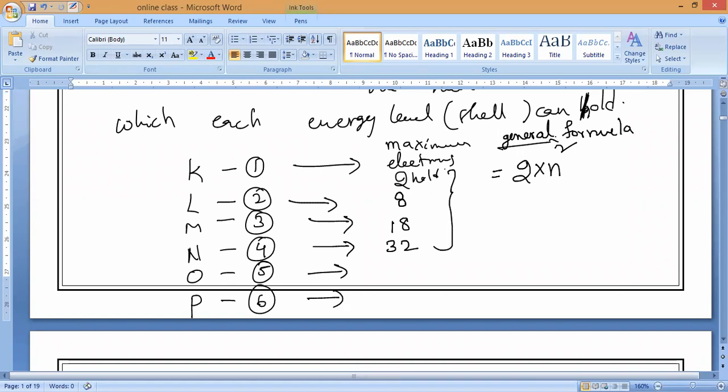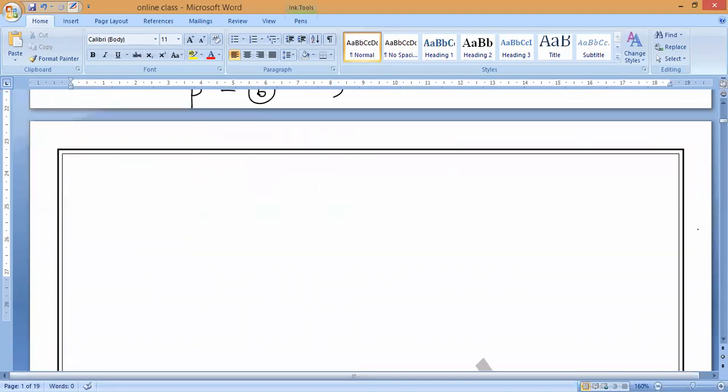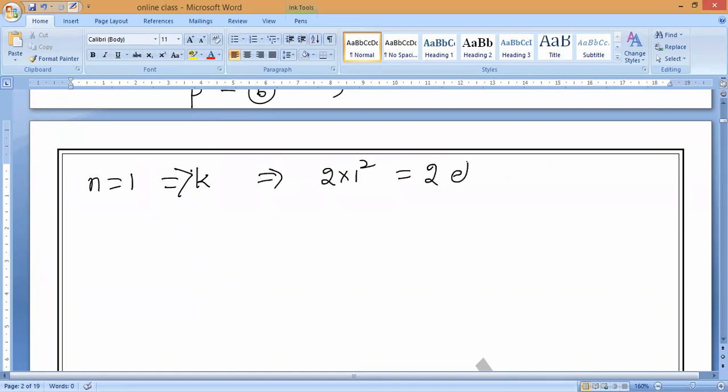So what does n indicate? n indicates 1, 2, 3, 4, 5 and 6, the number of the energy cell. If we take n equals 1, that is what we call the K cell. So 2 into 1 square equals 2. So 2 electrons we can fill. Is it yes or no?